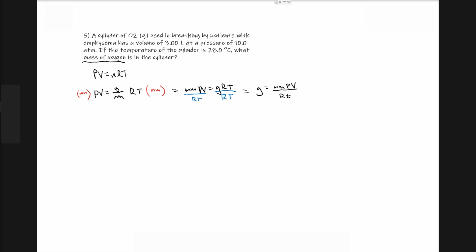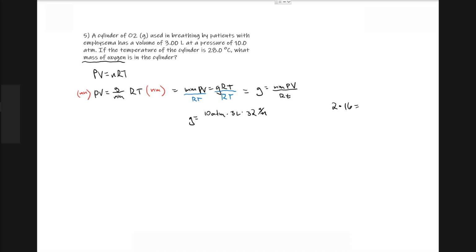So let's go ahead and plug in these values. We have 10 atmospheres times 3 liters times 32 grams per mole, because remember, O is 16 grams per mole, again, dependent upon the version of the periodic table that you're using.